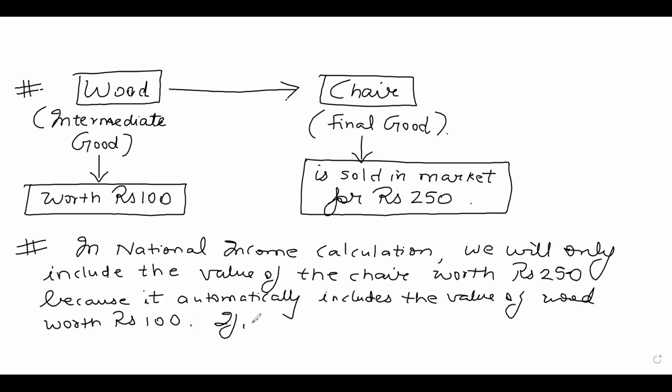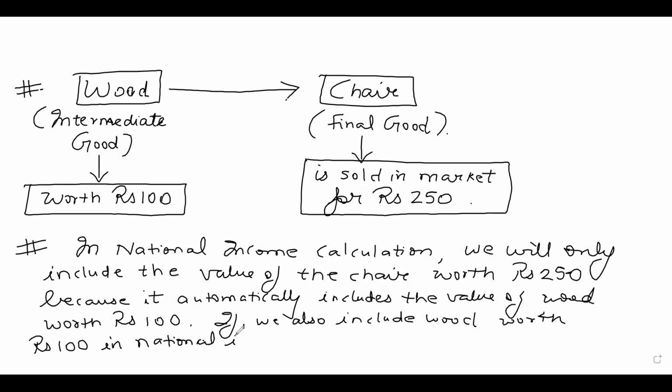If we also include wood worth rupees 100 in national income, then we are taking the value of wood twice.